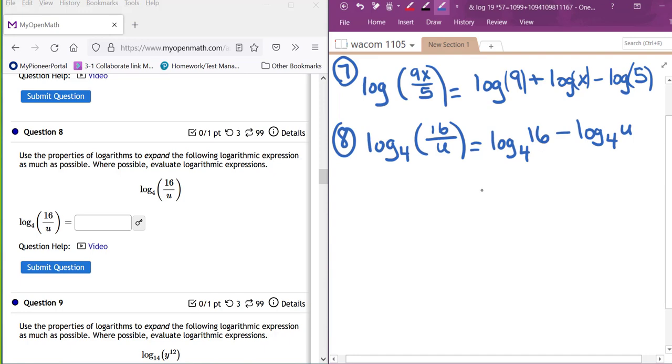It is 4 squared, which makes these the same. And your answer from one of our properties will be the exponent. This one, there's nothing you can do to, so it will remain as log base 4 of u.